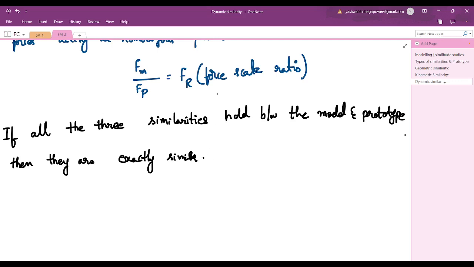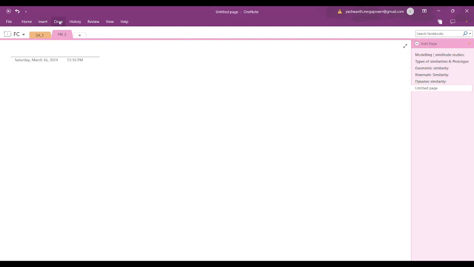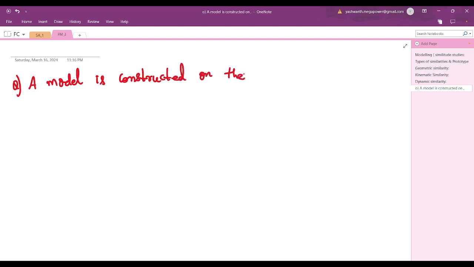Now I'll give you a small question. Please try to solve this. A model is constructed on the basis of Reynolds model law.